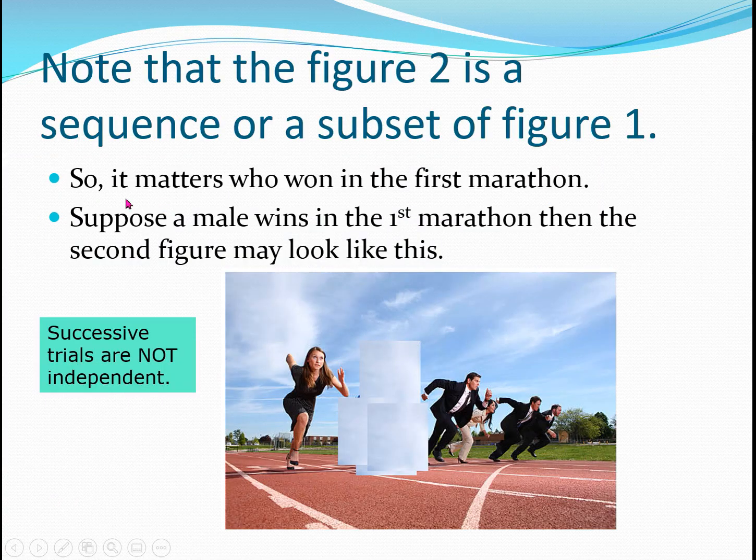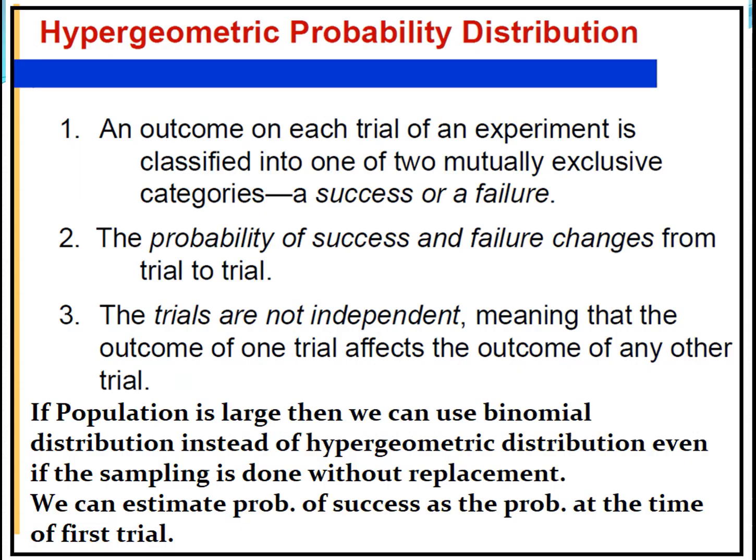So this is what is written here. It matters who won in the first marathon. So suppose a male wins in the first marathon, then the second figure may look like this, right? We are discarding 1 male, right? So successive trials are not independent, right? So this is the third assumption of hypergeometric distribution.